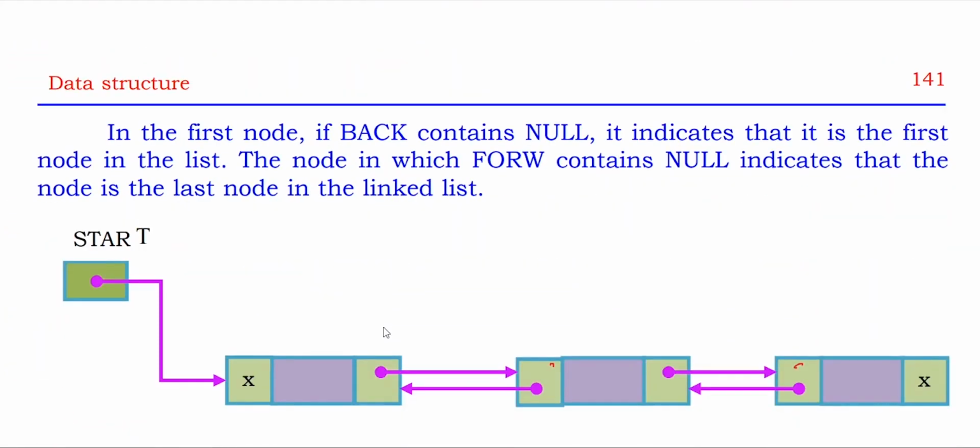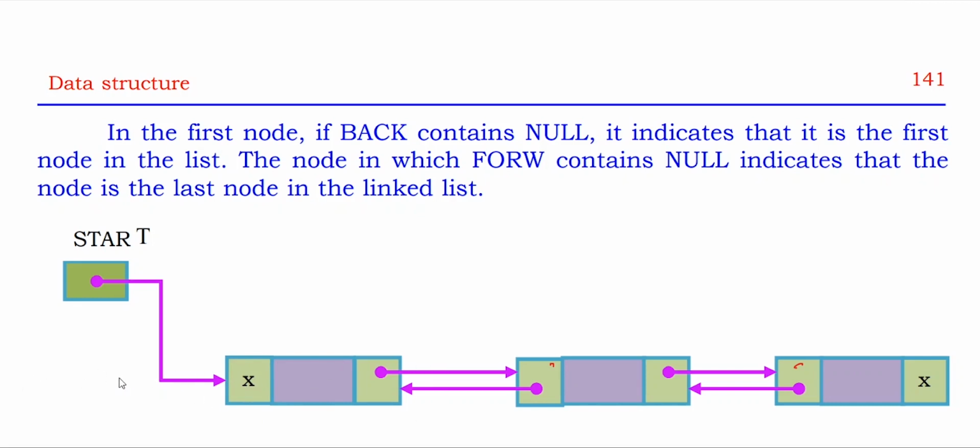So we'll take an example here. This is the first node, so the back field contains null. That indicates this node is the first node in the doubly linked list. The backward field, the back, will have a null value, so this node becomes the first node, the beginning.